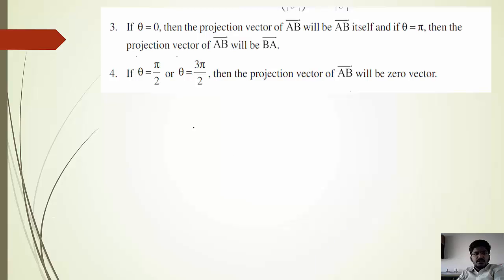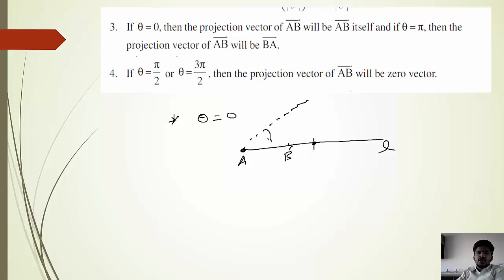That is, first thing, if theta equal to 0, projection will be AB itself, because this particular line gets coincided with the line L on which it is making projection.